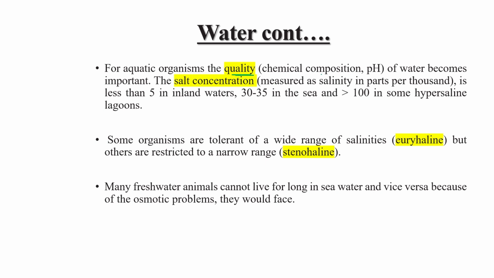That means the chemical composition of water, the pH of the water. If water is polluted, they very quickly move to another area, or very quickly die. So for aquatic organisms, the quality of water becomes important.